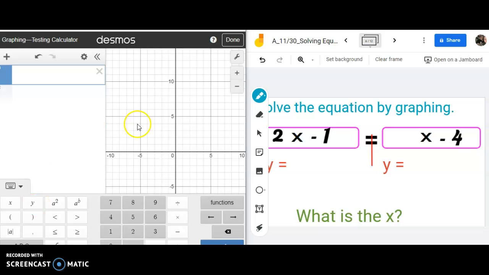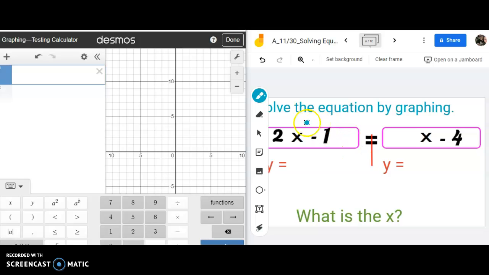Okay, what I did was I went ahead and I split my screen so you can see what I was doing on both my Jamboard and my Desmos. So I just have it open here, ready for me to type. On my Jamboard, slide number 6, if you notice, now we're going to solve the equation by graphing. That means I'm still splitting up my problem, right? If I follow my checklist, I'm going to write an equation for each side.